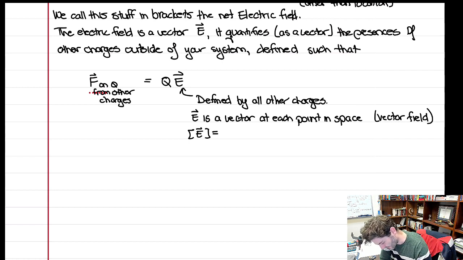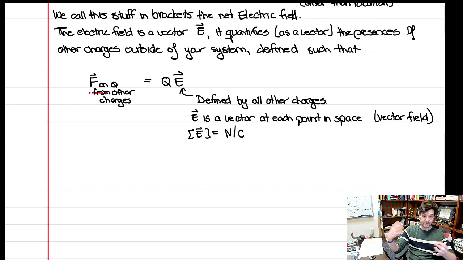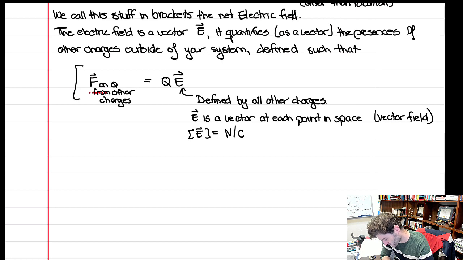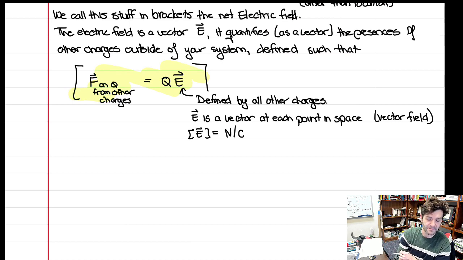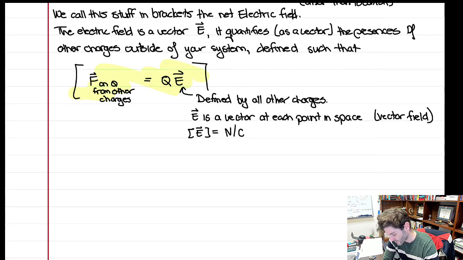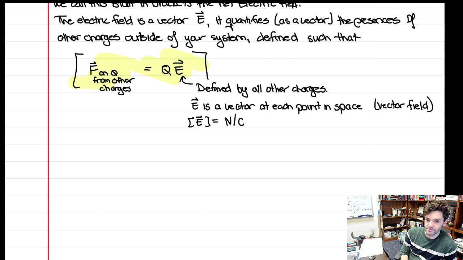So the electric field better have a unit of Newtons per Coulomb. When I multiply it by Q, the Coulombs cancel, and I get a force. That's worth a highlight: E does not depend on capital Q at all. It depends on all the other charges in the problem, such that when you drop capital Q into the problem, you can calculate the force on Q by this expression.